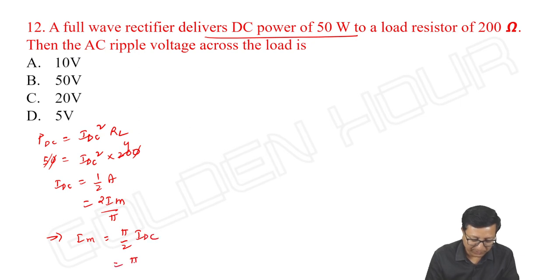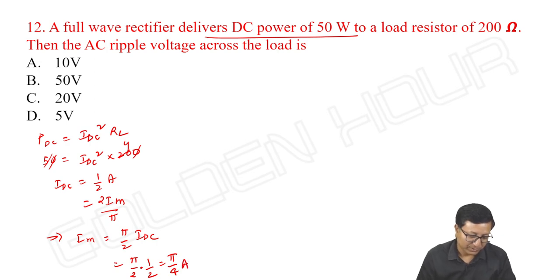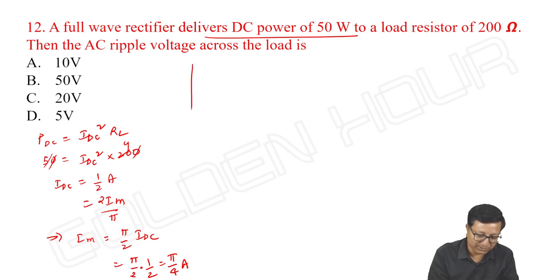What is IDC? 1 by 2 amperes. So Im is equal to pi by 4 amperes. Im value we have got.